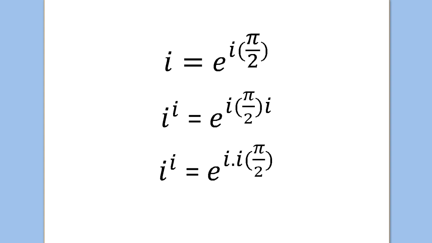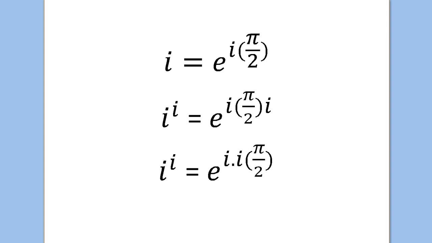So i to the i is equal to e to the i times pi over 2 all to the i. So when you have something in a bracket raised all to another power, you just multiply the two powers together. So we don't really need the bracket here. I'll just put i to the right hand side. And what we're doing there is we're multiplying the first power, i times pi over 2, multiplying that by i.